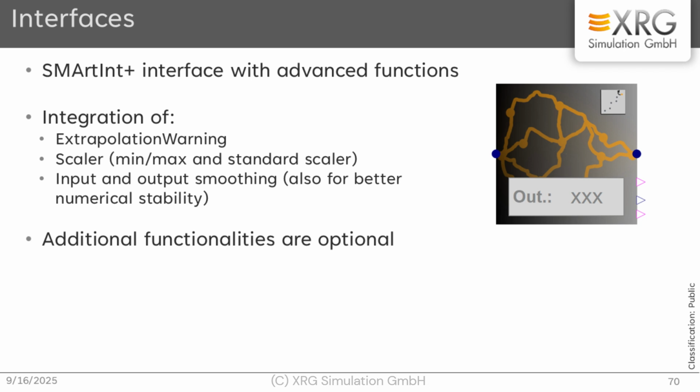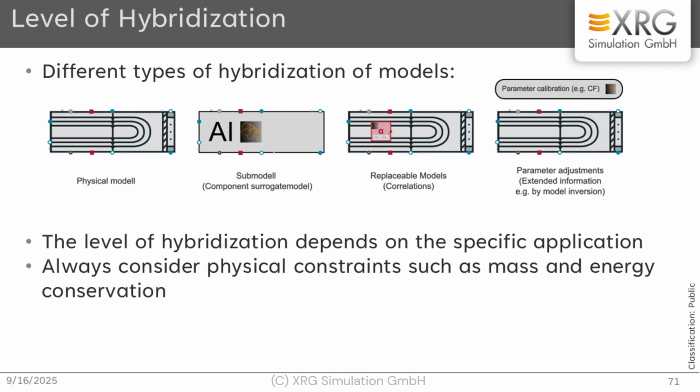For surrogate models in general, here is some basic information on hybrid models. There are different types that you can build with SMArtInt or Delica. You can either have a complete physical model, exchange this complete physical model with an AI model, or exchange submodels of it.